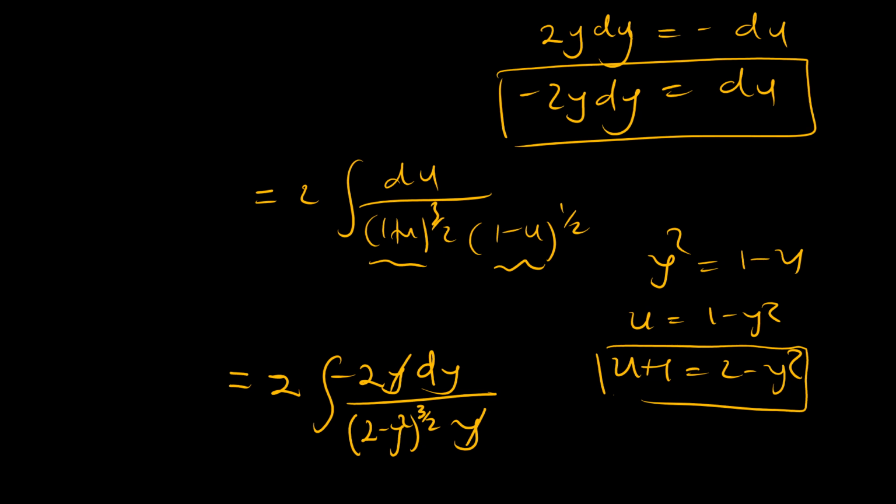Okay. Let's keep going. So we now do have negative 4 dy over (2 minus y squared) to the 3 over 2.